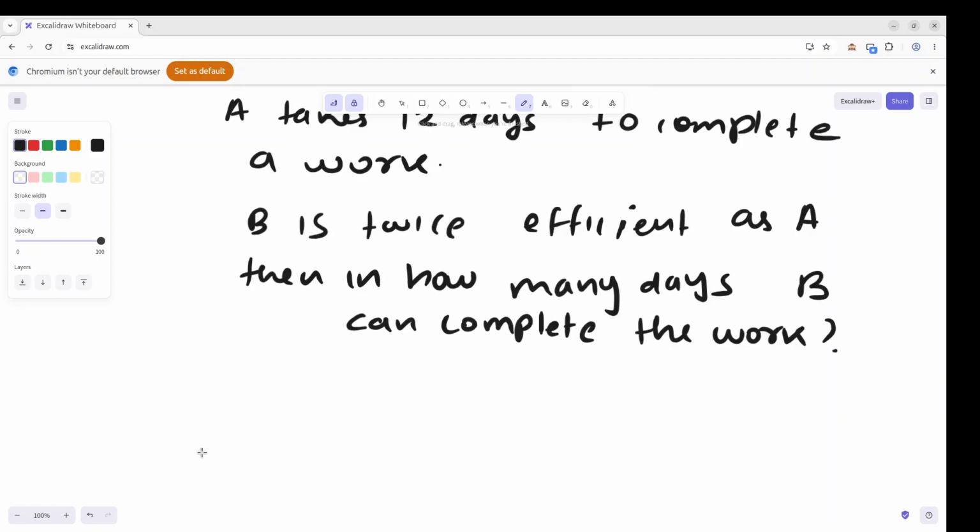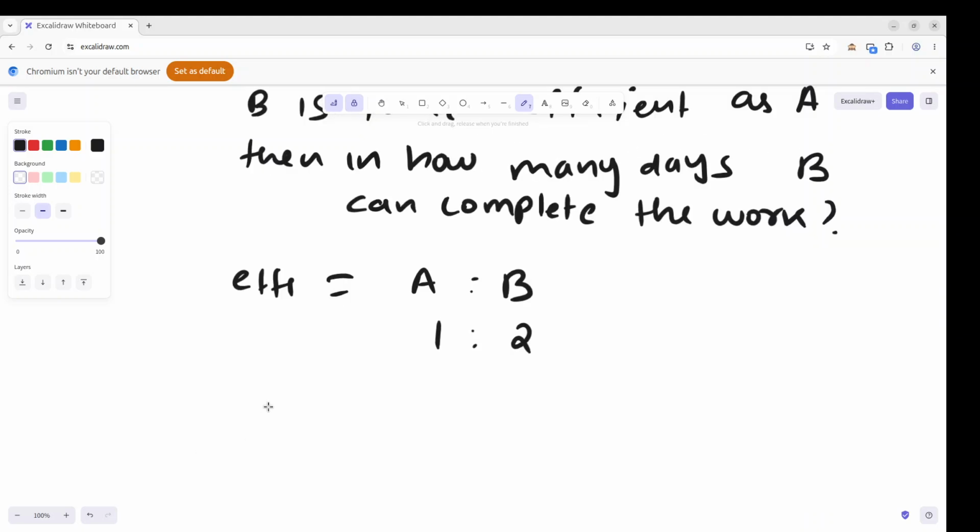Here what we have is efficiency, right? The ratio of efficiency of A and B: it is given that B is twice as efficient as A. That is, if A is 1 then B is 2. So the ratio of the efficiency is 1:2. Efficiency is inversely proportional to time, so the time ratio is 2:1, right?